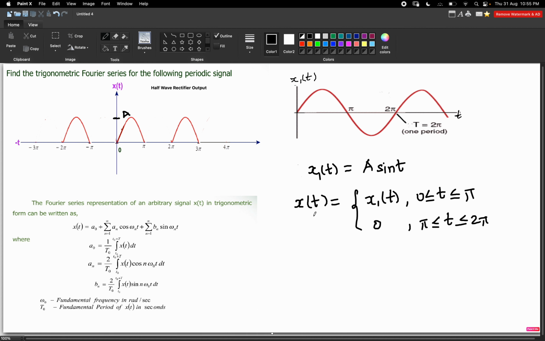So x of t is fully represented in mathematical form.